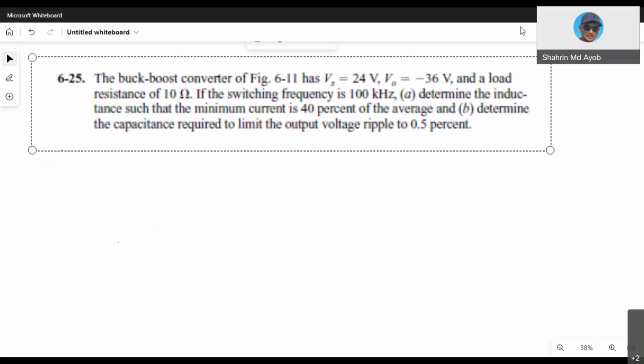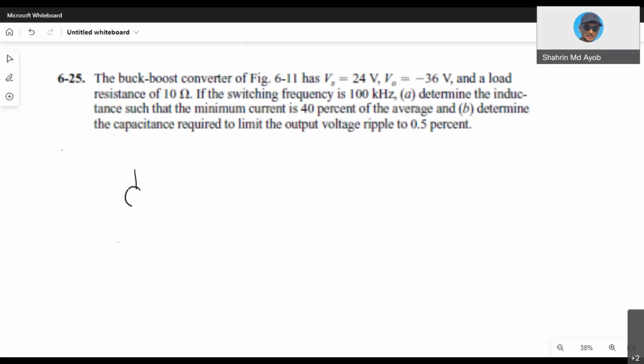So buck boost converters of figure 6.11. Okay, so I draw for you. So this one, and then you have the inductor, the capacitor, the diode. Okay.